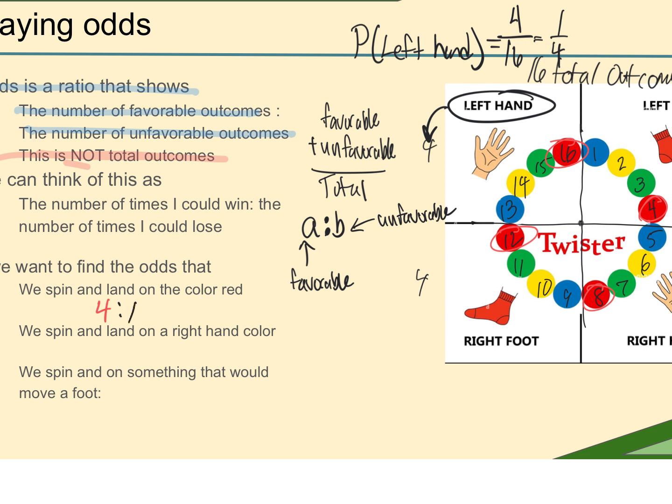So it's a total of 12. Now again, if I add the 4 and 12 together, I get 16, which we said earlier was the total number of outcomes. So I hope it makes sense that when we talk about odds, we're looking at one side to the other side, and that's really it.